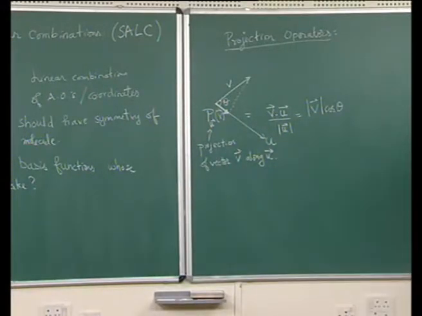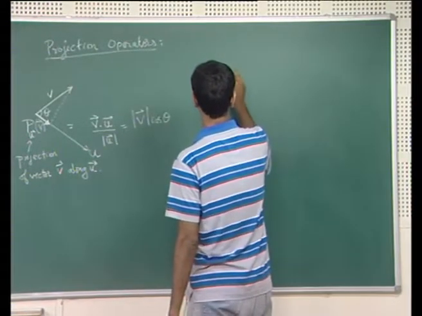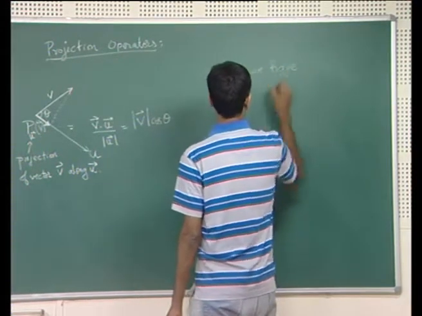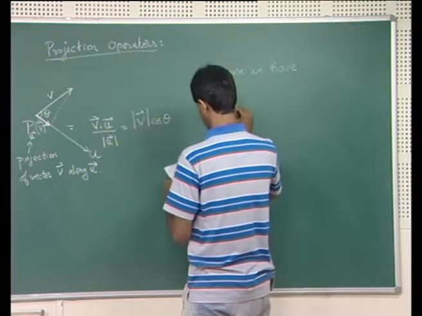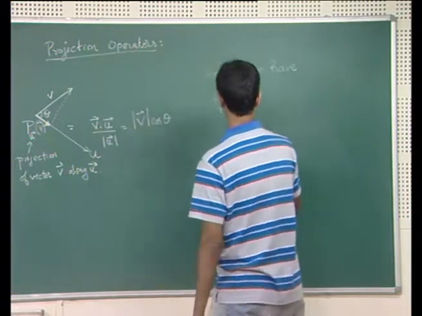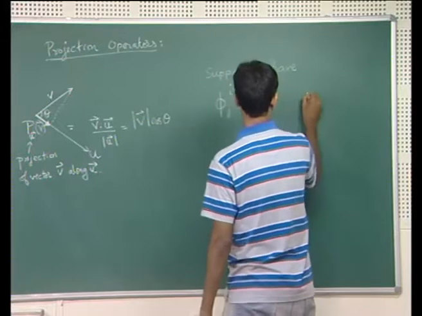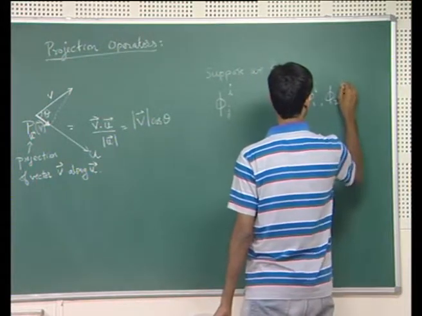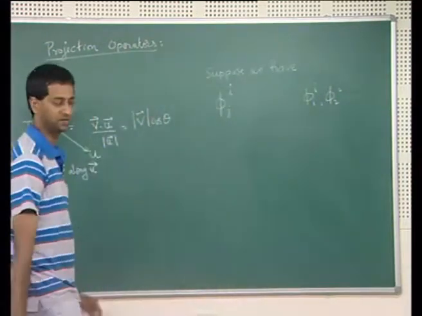So suppose we have wave functions. I'll denote them by phi j I. So this is basically wave functions of the form phi 1i, phi 2i, and so on. A whole set of wave functions.